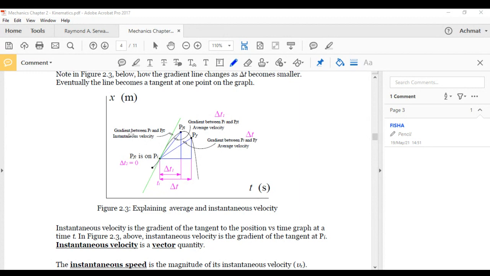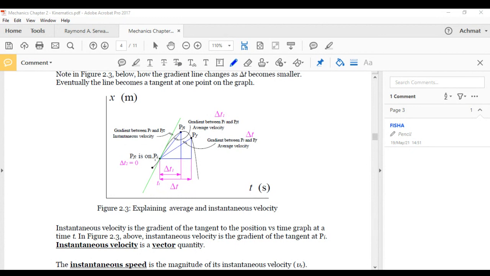Can you see there? The gradient between Pi and Pf. If Pf2 lies on top of Pi, then we are actually working out the instantaneous velocity. So the line where you can see the 2 dots separately, Pi and Pf, that will be an average velocity.